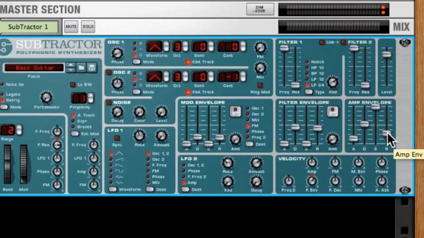So the sound is getting louder and softer according to the frequency of my LFO and according to how much change is happening. Is it being controlled by the amplitude of the control LFO?